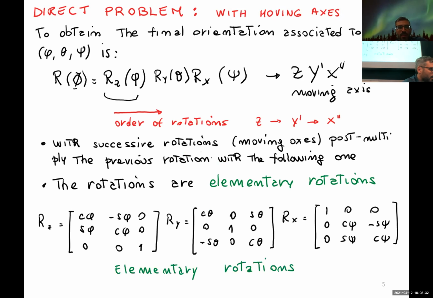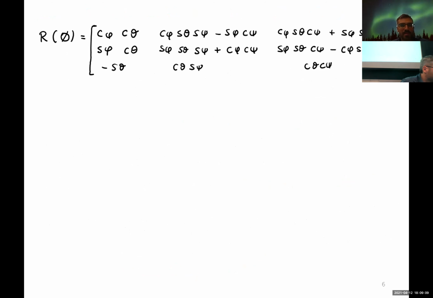I recall the expression of the elementary rotations that we already saw in the previous lecture. One about the x-axis is here, the one about the y-axis is here, and the one about the z-axis is here. Everything's clear? If you multiply these subsequent rotations, you find this expression.